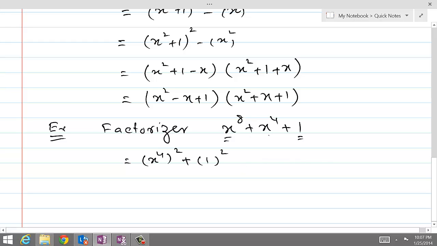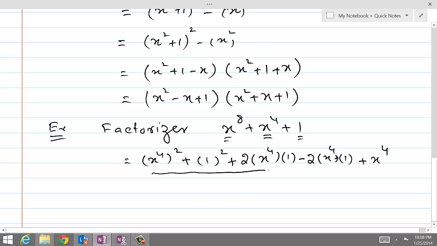As usual, this plus x⁴, we are going to write at the end. For completing the square, we need 2 times x⁴ times 1. And then in order to keep the balance, we have to subtract the same thing, x⁴ times 1.